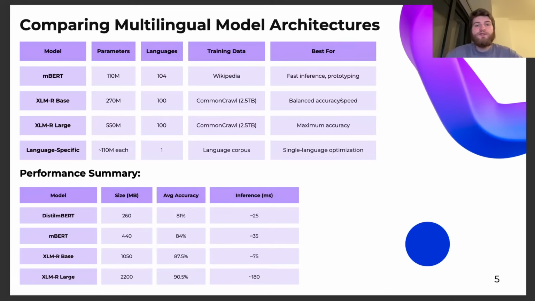Then we have language specific models like RuBERT, CamemBERT, etc. These models are trained on a single language with a tokenizer optimized for that specific language.